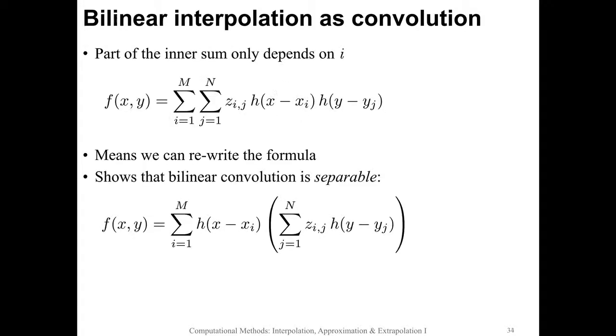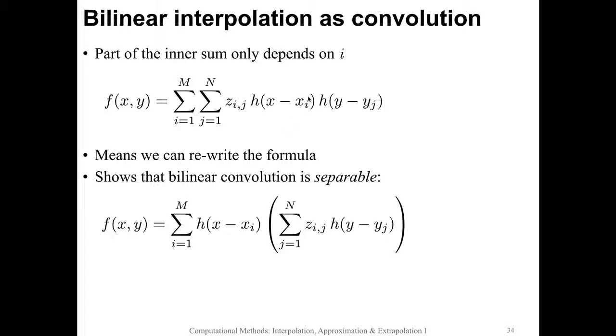If we have a closer look at this function, you might notice that the inner sum, part of it anyway, only depends on i. Here we have a term that depends on j, here we have a term that does depend on j, but just this part here, the shifted kernel that depends on x_i only, actually only depends on i.